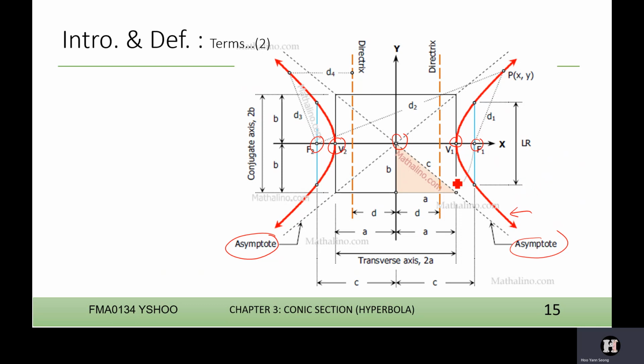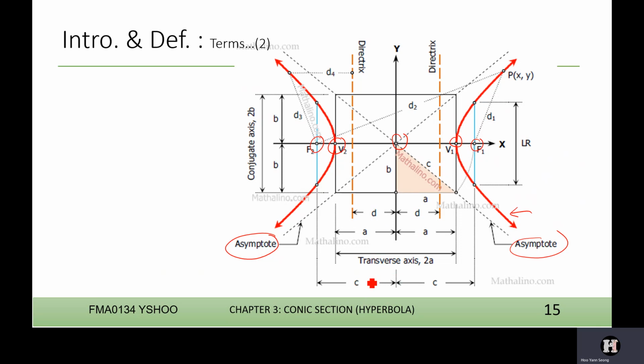Now, do all the other terms bring any meaning to you? This length from the center to our vertices we normally label as A, and from our center to one of the edges here, our triangle, is B. Then after that we have C. C is very important because C gives you the length from the center to the focus.